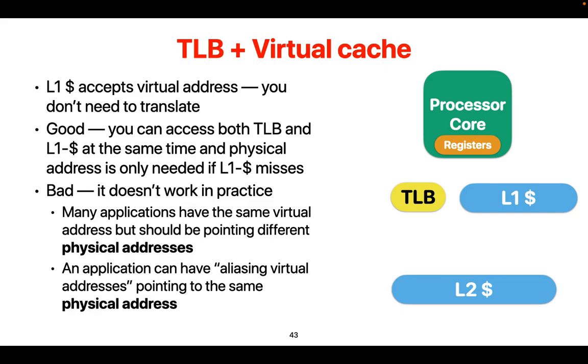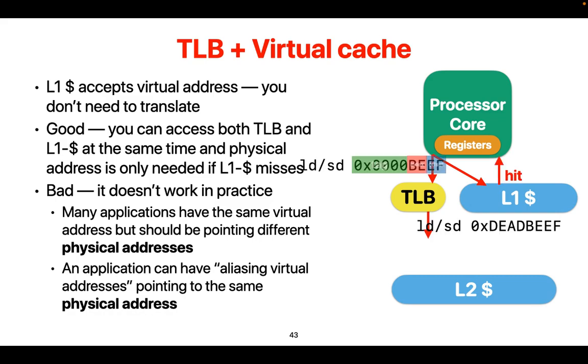So I just feed virtual addresses to both L1 and the TLB, and only if L1 is a miss, I would use the physical address as the memory request to L2. Is this a good idea?